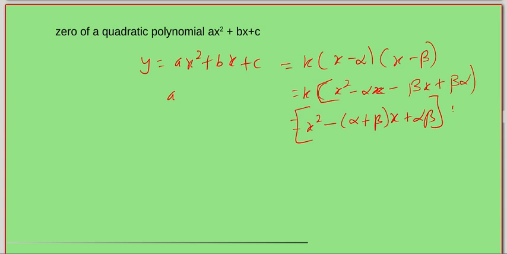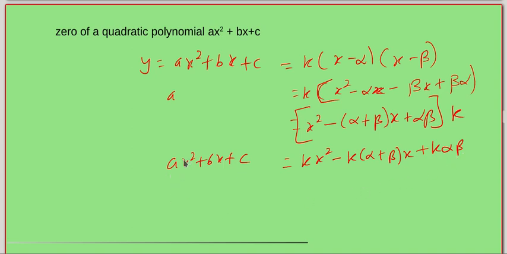Along with this, one k is also there. So x square minus alpha plus beta into x plus alpha beta, the whole thing multiplied by k. This is actually equal to ax square plus bx plus c, that is equal to kx square minus k into alpha plus beta into x plus k into alpha beta.